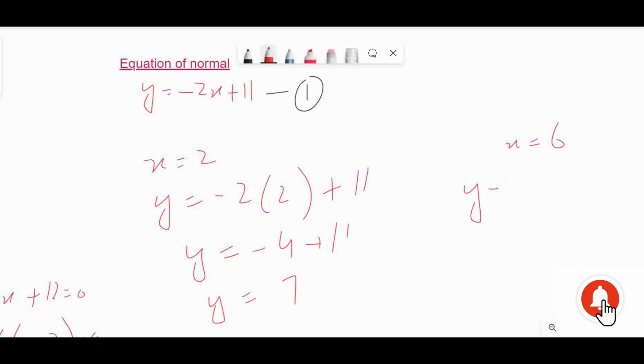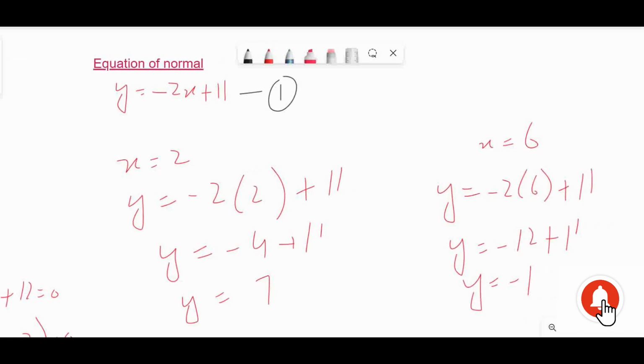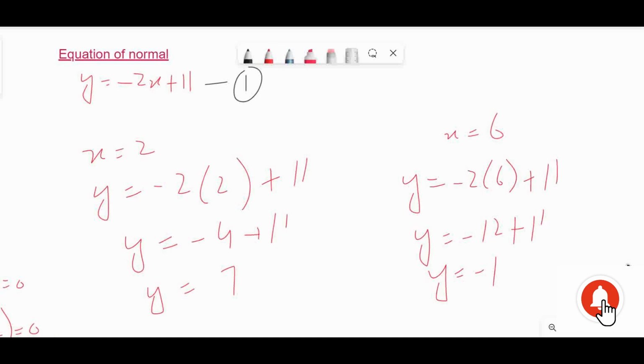Now put x equal to 6 in equation 1. So y will be equal to minus 2 into 6 plus 11, and then y will be equal to minus 12 plus 11, so y will be equal to minus 1. Now from here we have got 2 points. The first one is 2 and 7.